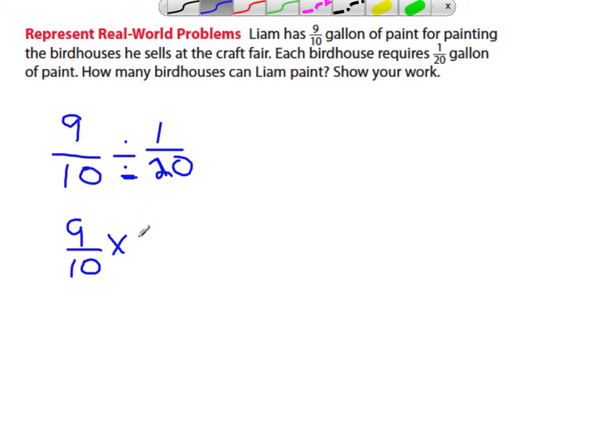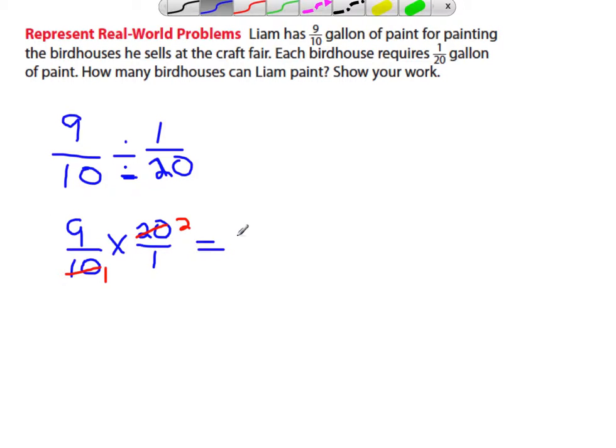The reciprocal of 1/20, I'm just going to flip upside down, and it's going to become 20/1. Now, I'd like to try to simplify if I can, and I see that both 20 and 10 are divisible by 10. So 10 divided by 10 is 1. 20 divided by 10 is 2. So now I can go ahead and multiply this, and I should get a pretty easy answer.